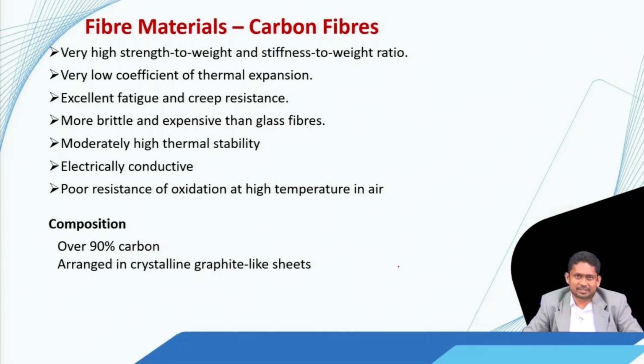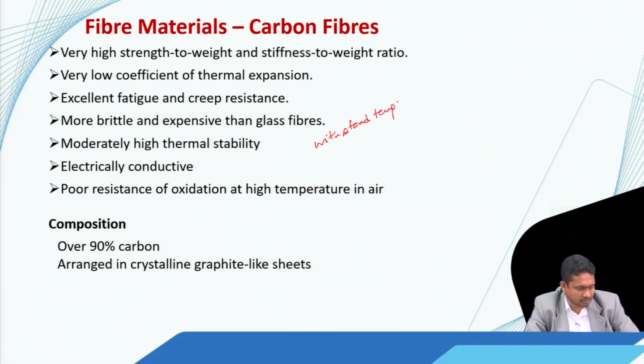So composition wise, it has more than 90% carbon. It's arranged in crystalline graphite-like sheets. It can withstand temperature up to 300 degrees centigrade, tensile strength 3.5 to 6 GPa.